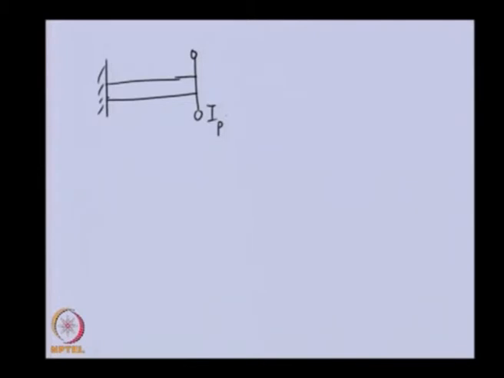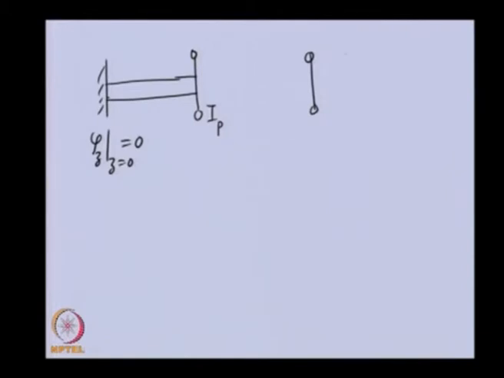In this particular case, let us see the boundary conditions. At the fixed end the boundary condition is the same, that is, the displacement at z equal to 0 is 0. To obtain the boundary condition at the disk, let us take the free body diagram of the disk.